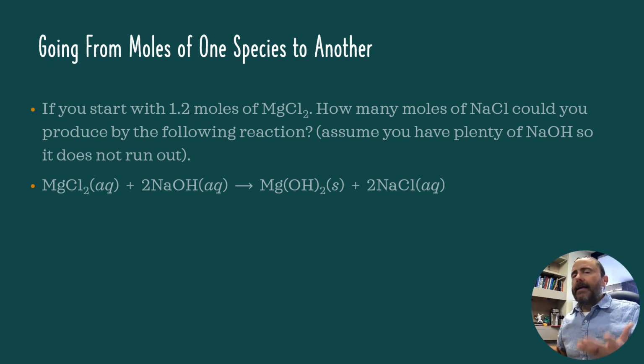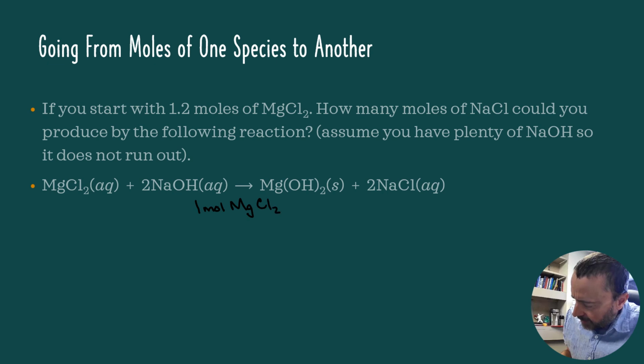Meaning, like if you've got a recipe, we've got enough of all the other ingredients, and we only want to focus on the one ingredient, the magnesium chloride, that we're interested in. Okay, so, right, what I want to do is I want to say, all right, I have 1 mole of magnesium chloride is equal to 2 moles of sodium chloride.